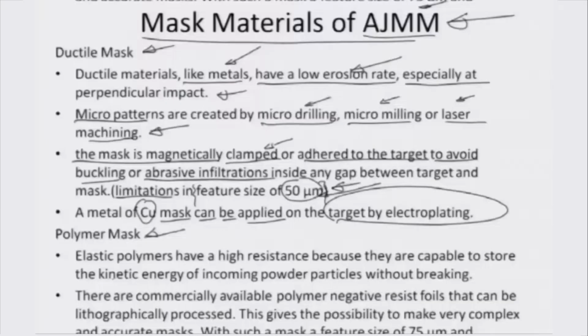So, when we talk about polymer masks, preferably elastic polymers need to be used, because they will have a high resistance, being able to store more kinetic energy of the incoming powder particles without causing any brittle fracture or breaking.